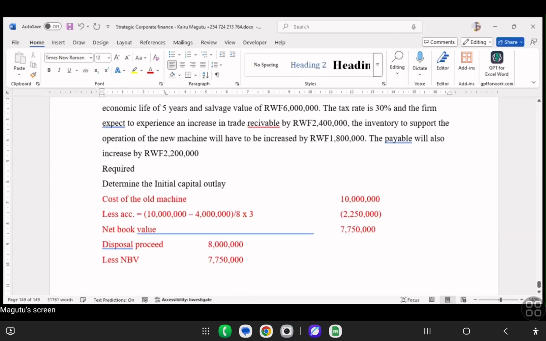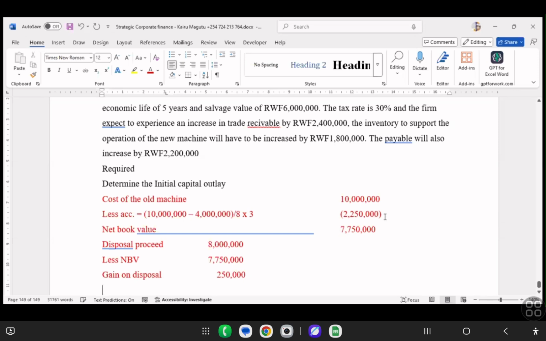The resultant difference is the gain on disposal, and I think the gain on disposal here is 250.